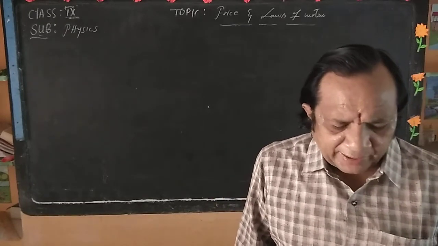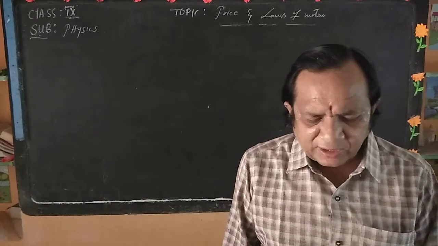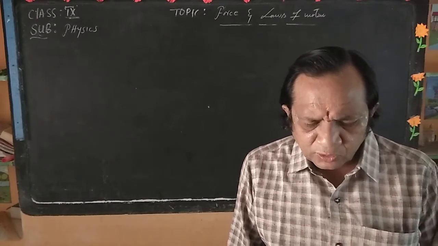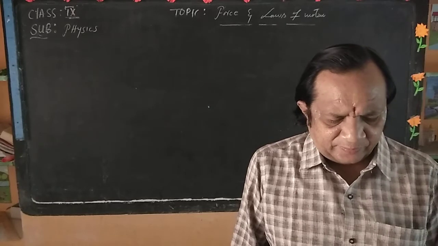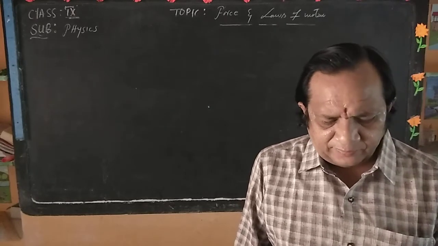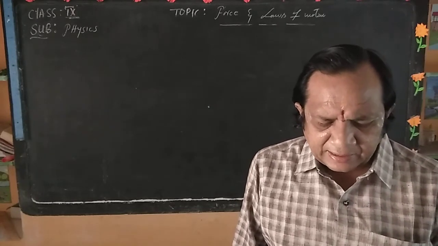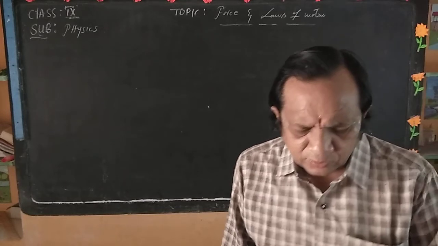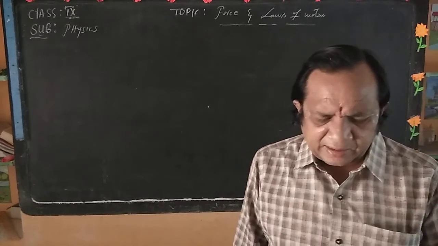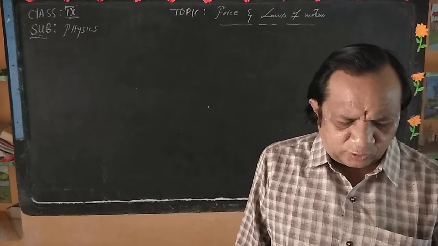A force of 5 Newton produces an acceleration of 2 meter per second square on a mass m1 and an acceleration of 2 meter per second square on the mass m2.